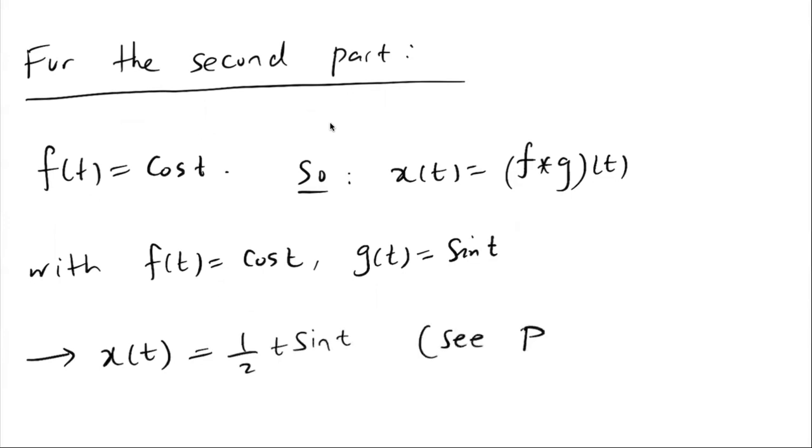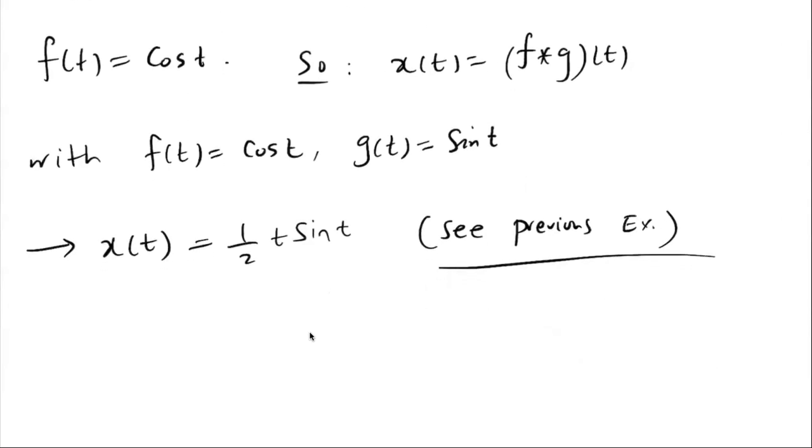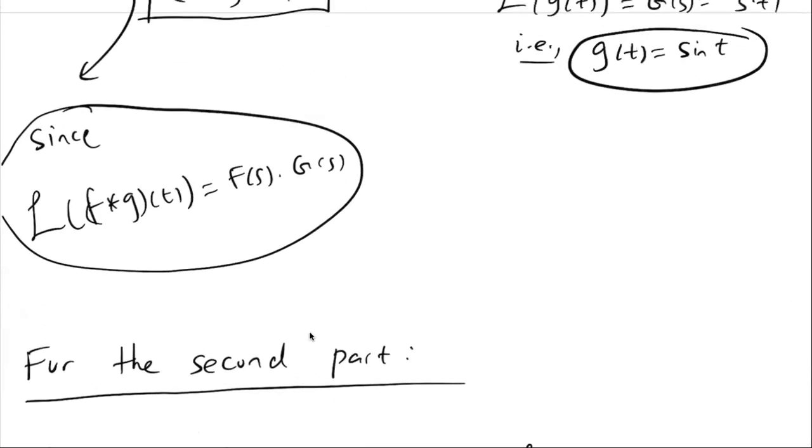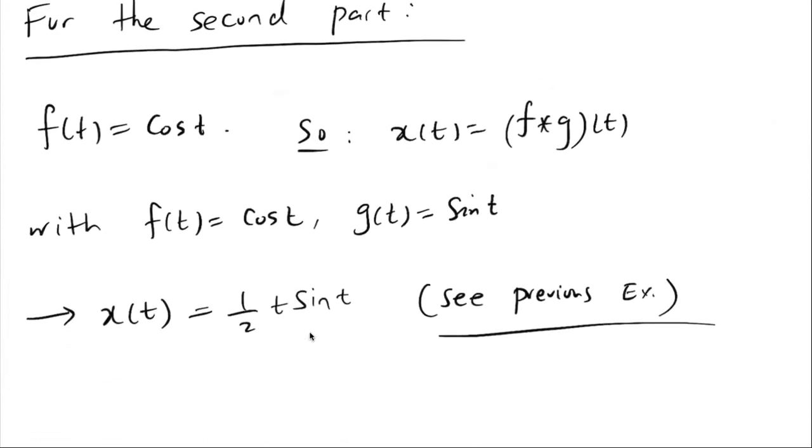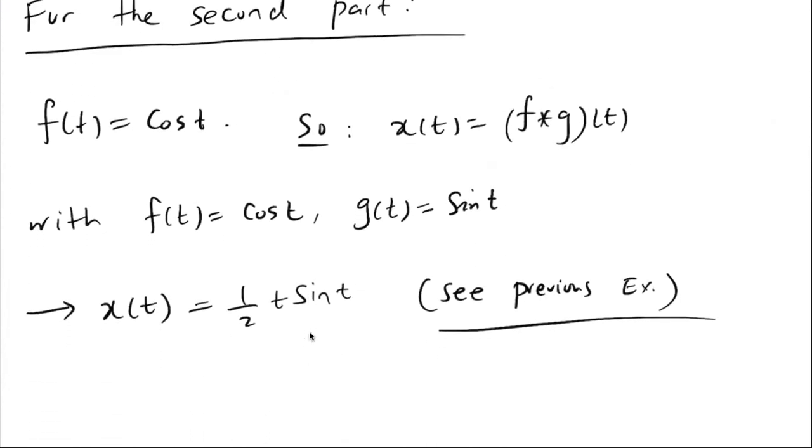See previous example. In the previous example, we showed that the convolution of sine t and cos t is 1/2 t sine t. So x of t here, which is f star g of t, will be the convolution of sine t and cos t, which will be 1/2 t sine t.